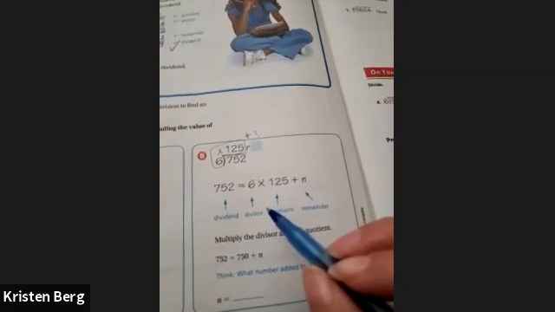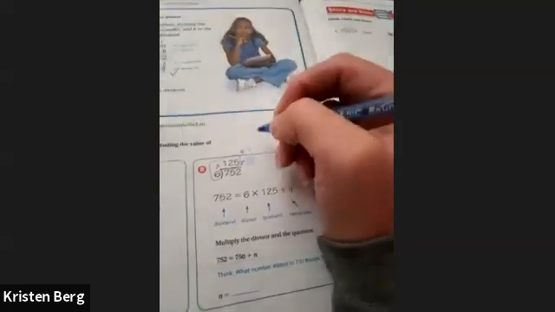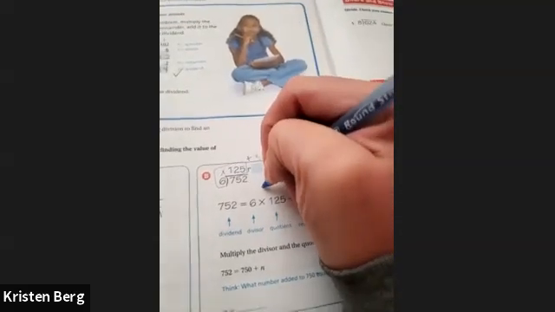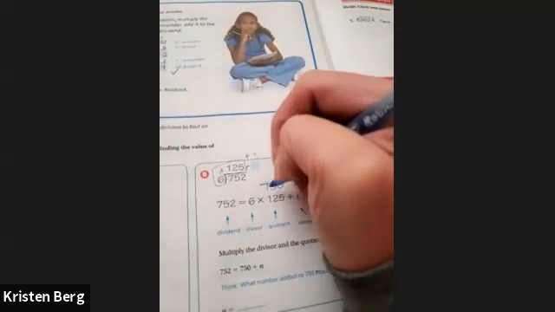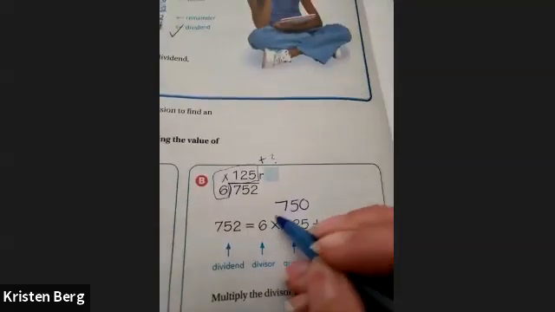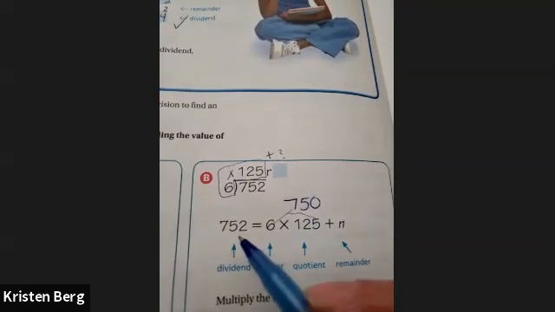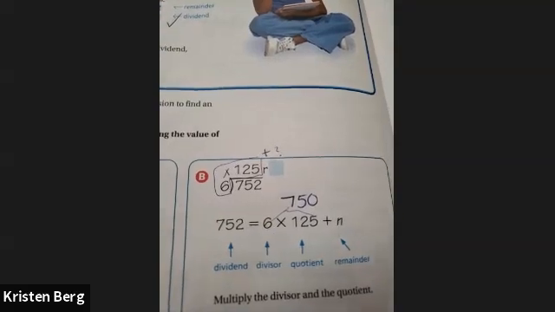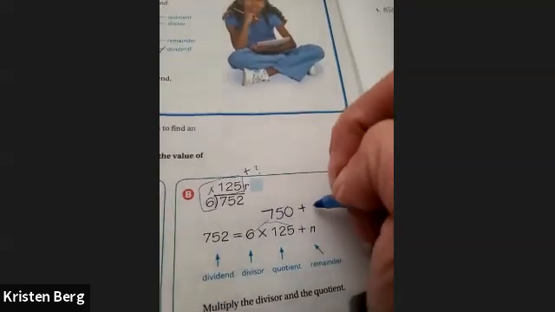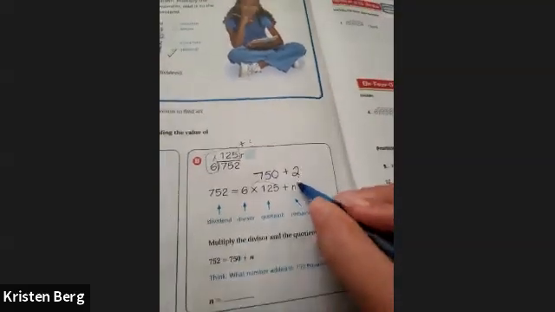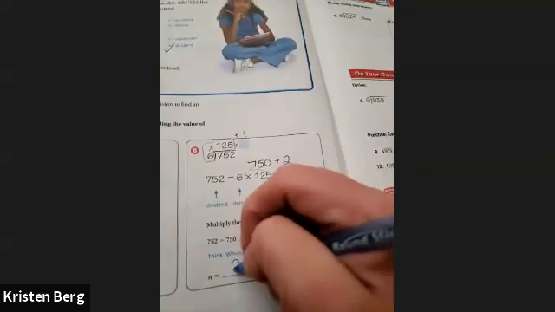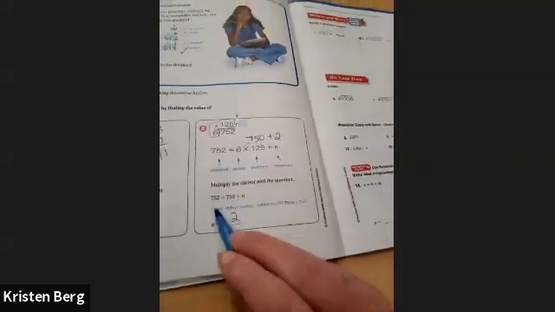Just to save some time, because my battery is almost dead, I am going to tell you it comes out to be 750. Now, when you multiply these two and they come out to be 750, what else do you have to add to get 752? In order to make both sides equal, it should have been a 2. So the remainder should have been a 2 in this case to make it true. So that is what you should have had.